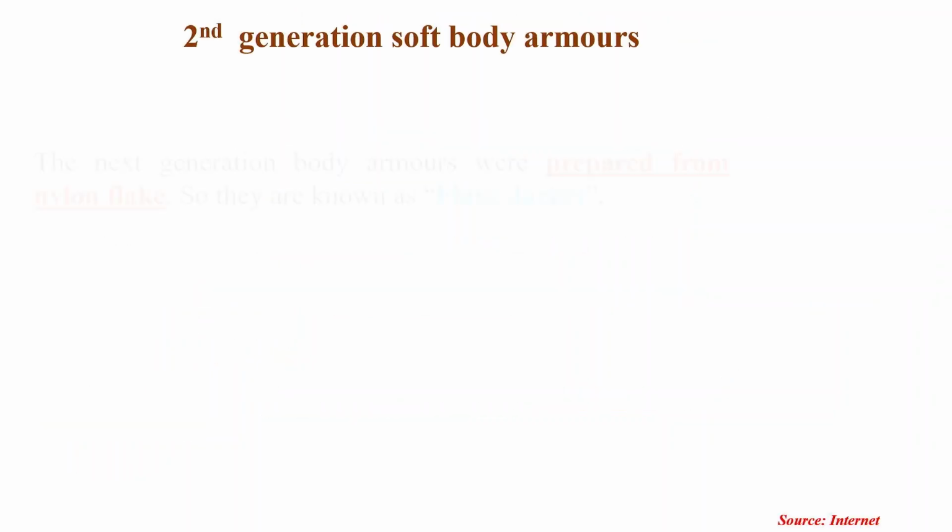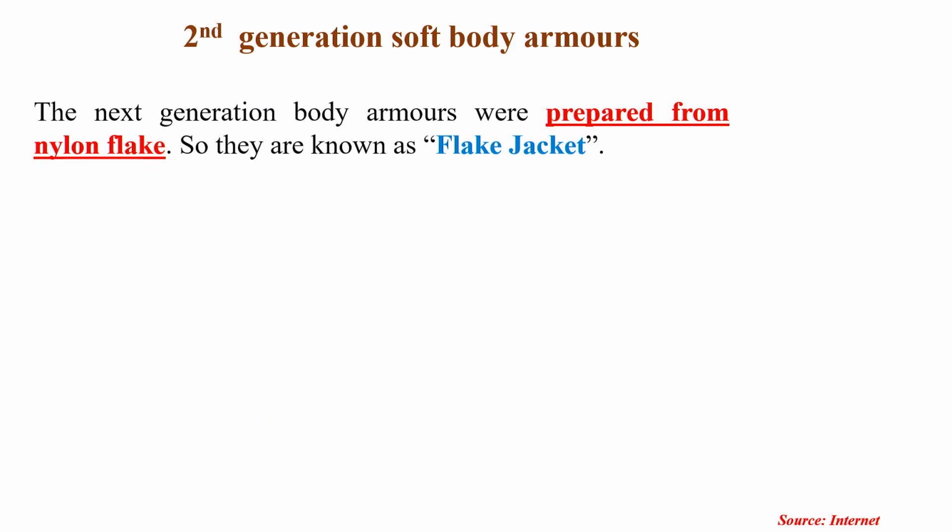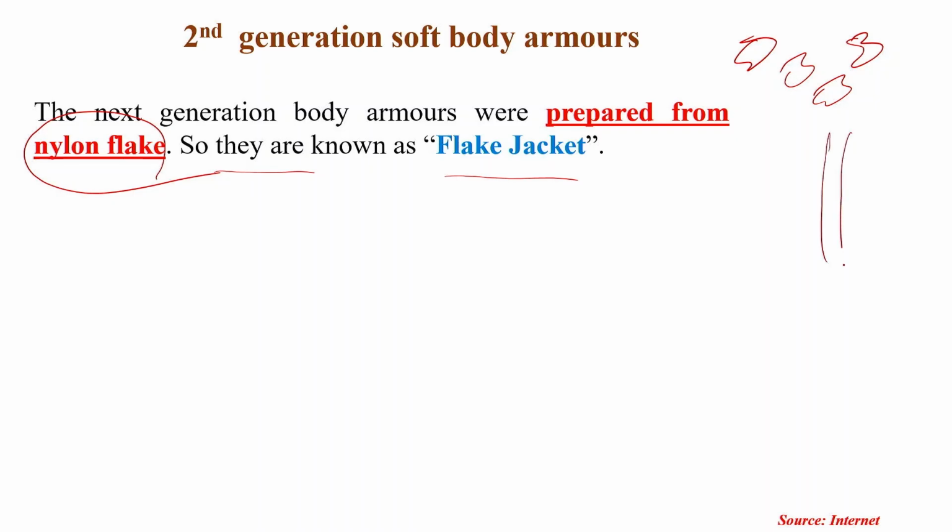Now, second generation body armors were basically where nylon flakes were used along with the jacket. So, some nylon chips or flakes were used within the jacket. That is why it was called flak jacket. So, body armor was prepared from nylon flakes, small pieces of flat nylon plates.